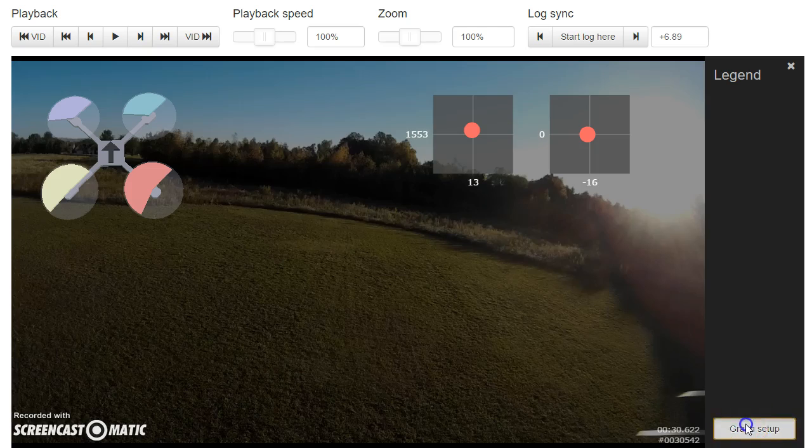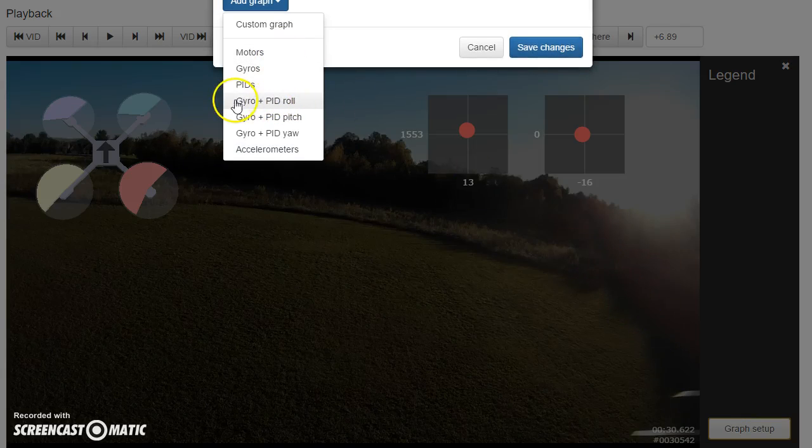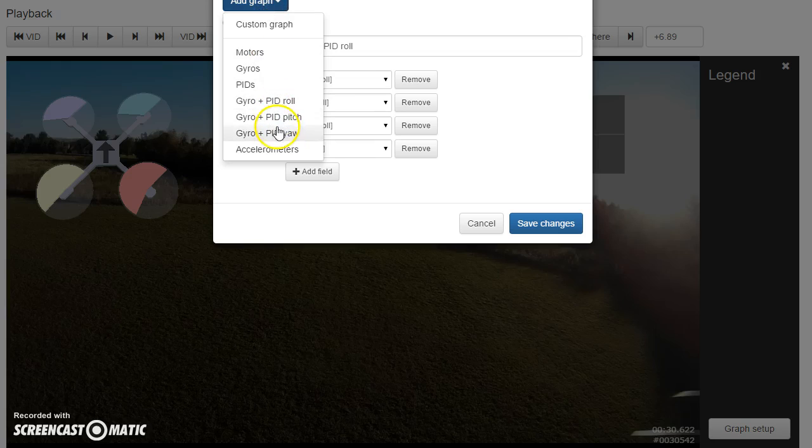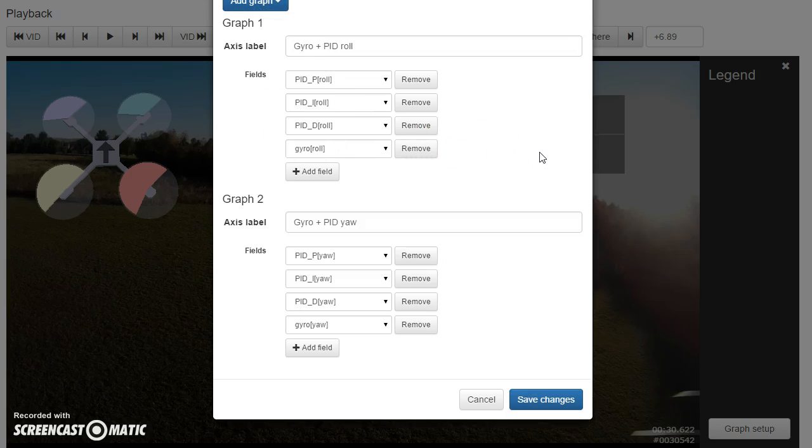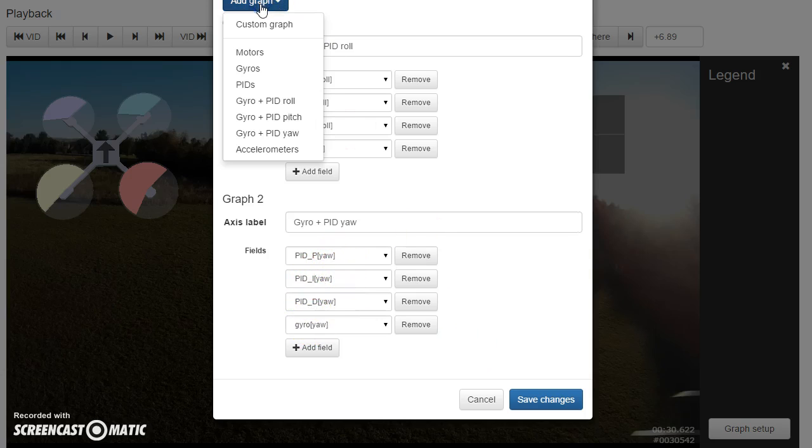So I'm going to set up my logs and my traces, and we'll take a look at the roll, and we'll take a look at yaw. And then I would also like to see RC command, so I can see what is being input. So if there's any sort of strange movements of the copter, I know whether it's the pilot doing something with the sticks or whether it's the PID loop doing something.